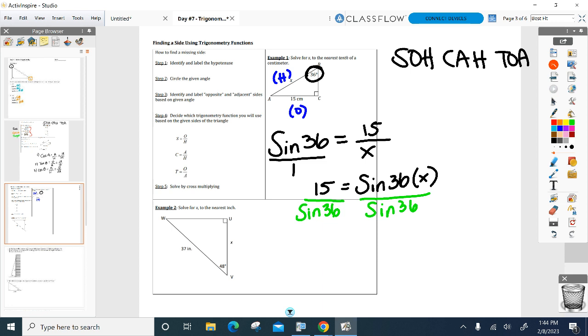Whoa, let's not get crazy on the calcs yet. This is 36, what type of units? 36 degrees. You don't know this because we're going to go over it in unit 10, but there's another way to measure an angle other than in degrees, and it's called radians. So your calculator needs to know, when you type sine of 36, is that 36 a radian or is it a degree?